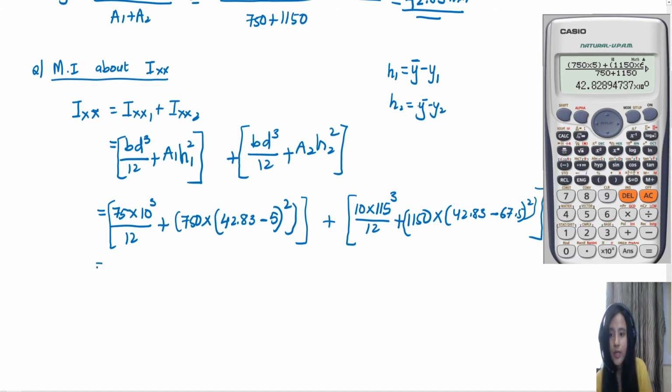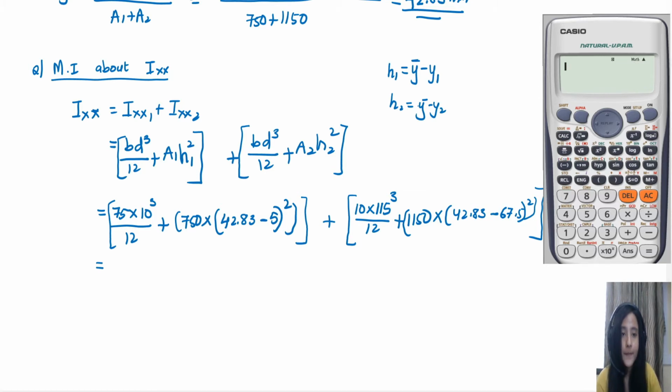Now let us find this value in the calculator. 75 into 10 raised to power 3 divided by 12, plus 750 into 42.83 minus 5, the whole square.